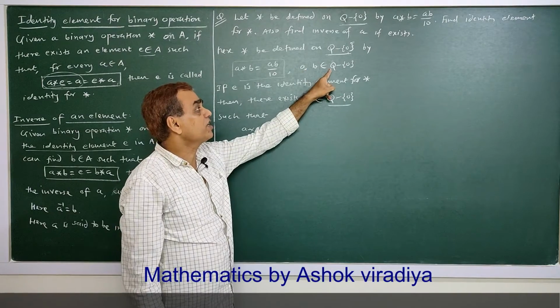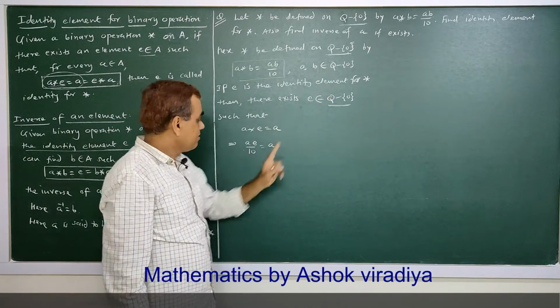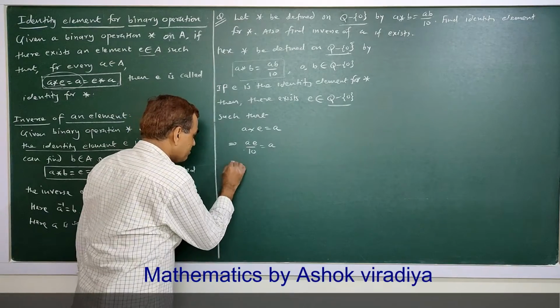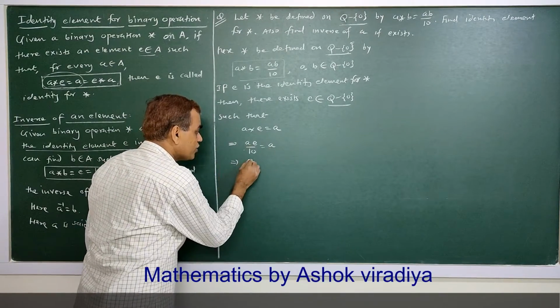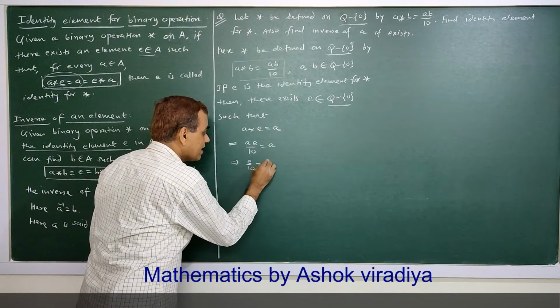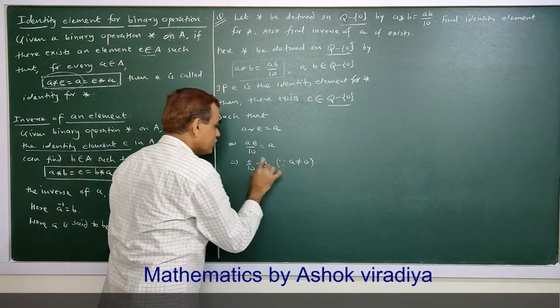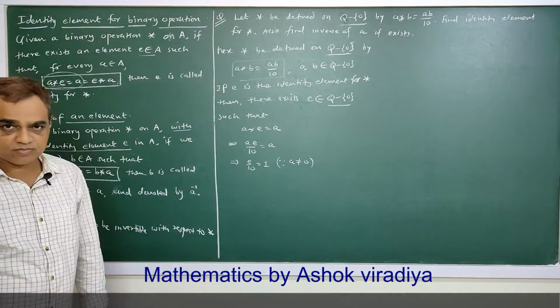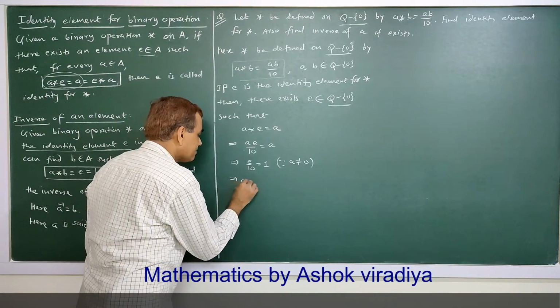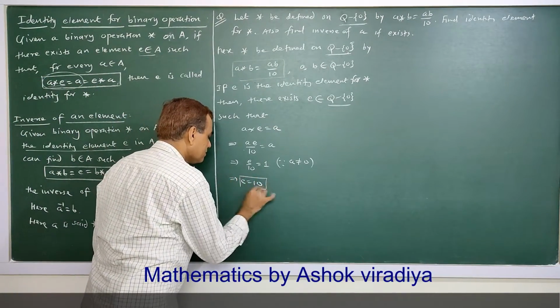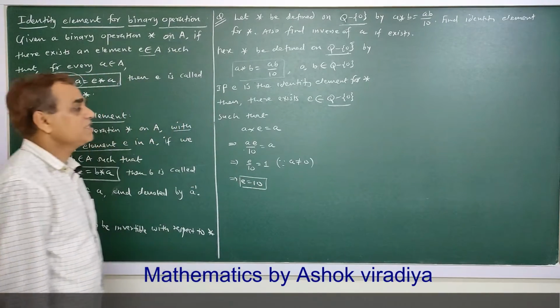A is a non-zero rational number, so we can divide this equation by A, because A is non-zero. Division is allowed. So E is 10. E is found.